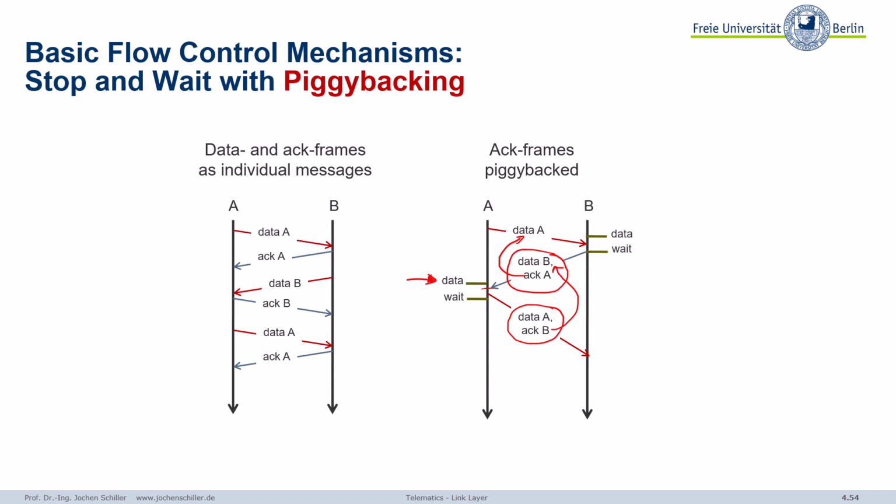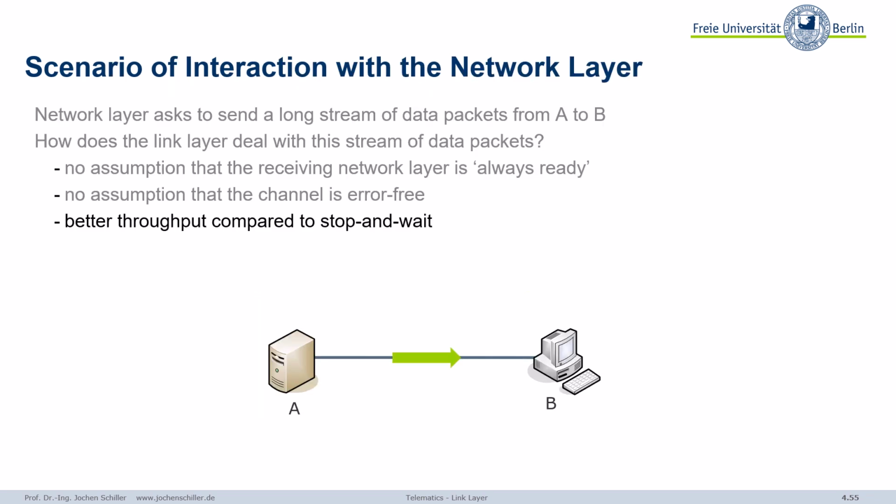So that's quite good. But still, we send the data packet and then this packet is acknowledged, so the throughput is not too high, as you see from this. So why not send more data? Not only one frame, but maybe several frames.